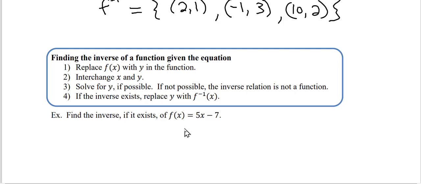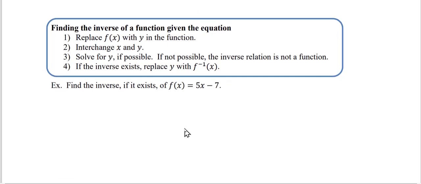One thing to think about here with this function that we have down here, f of x equals 5x minus 7. What that means is whatever your input value is, your x, you multiply it by 5, and then you subtract 7. Well, to undo those, multiply by 5, then subtract 7.